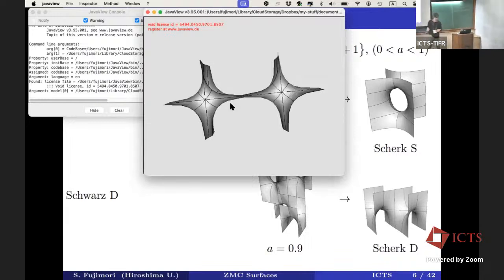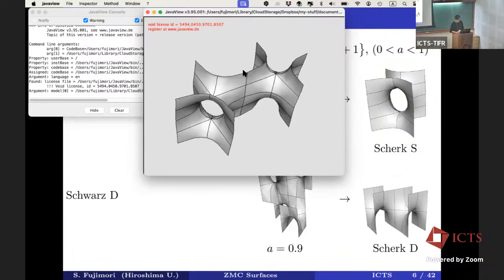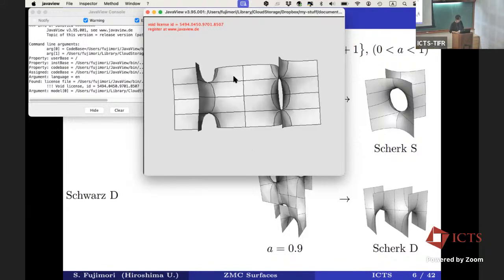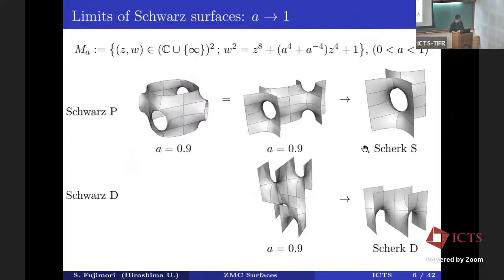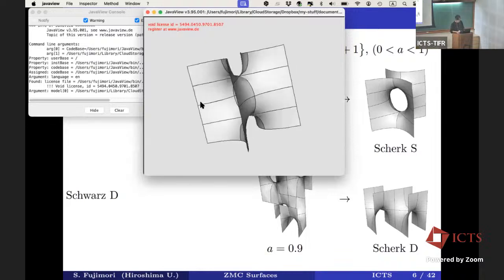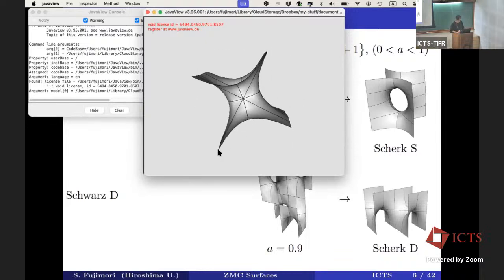And we have a surface, Scherk's tower, connecting with this end. So this is a singly periodic surface, Scherk's surface. So Scherk's tower, this is an end.